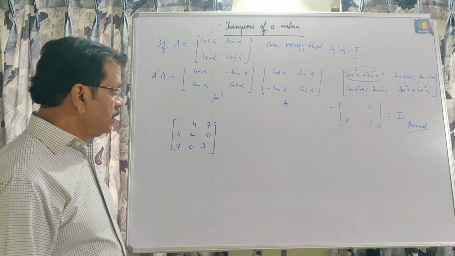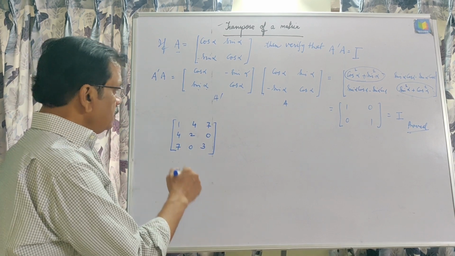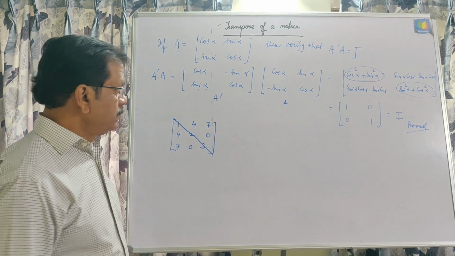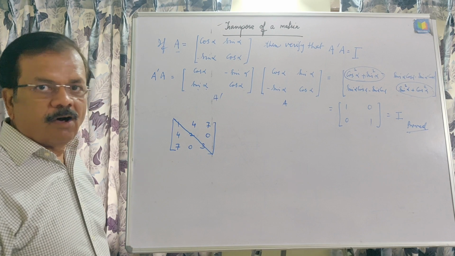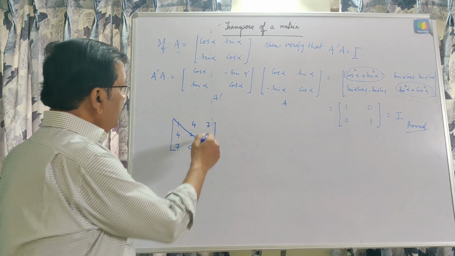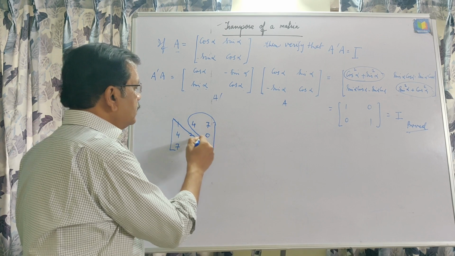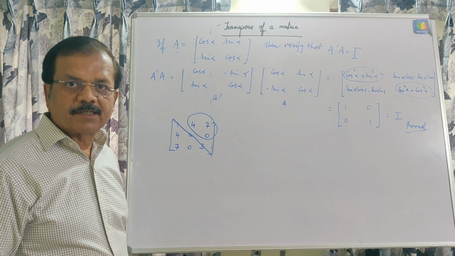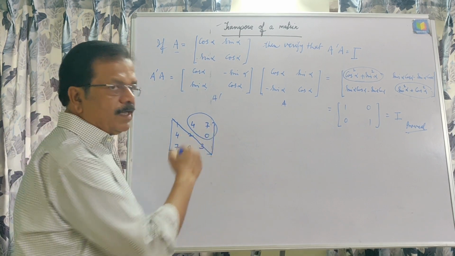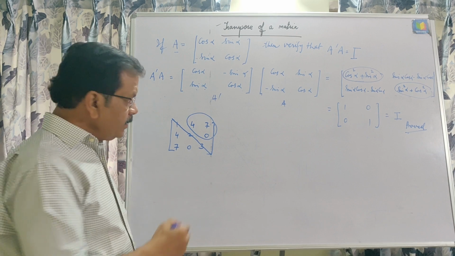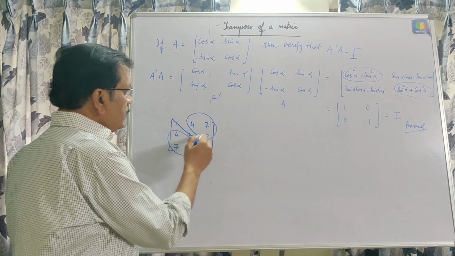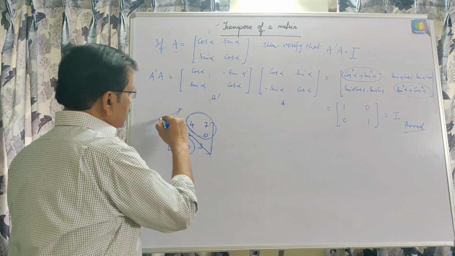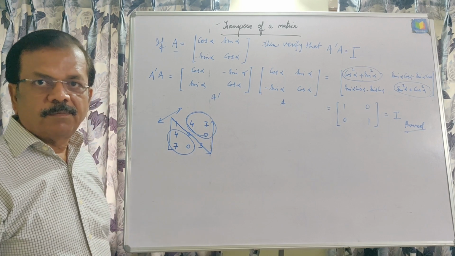For being skew symmetric or symmetric, this is important. Now this is the principal diagonal of this matrix. Now if both the sides of the principal diagonal of any square matrix are images of one another, that is, the image of this is this, this is called a symmetric matrix.